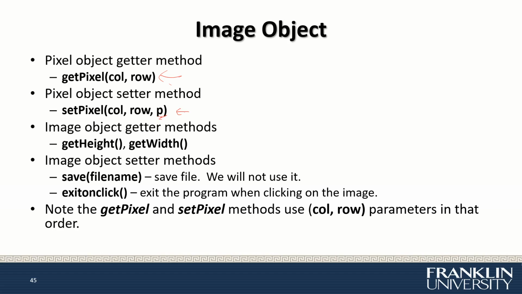You can save the file, but I'm not doing that just because I don't want to change my image. Also, you can have the exit on click, very similar to the turtle, where you can click on the image and it will terminate the program after you click on the image. And basically, for get pixel and set pixel, pay attention that it's column and row order, not row and column order.